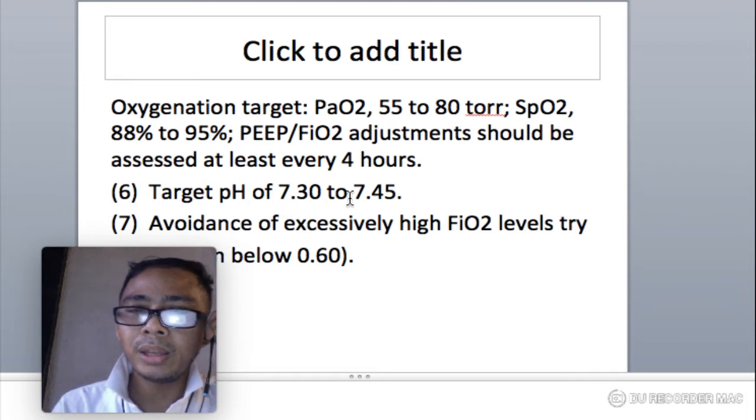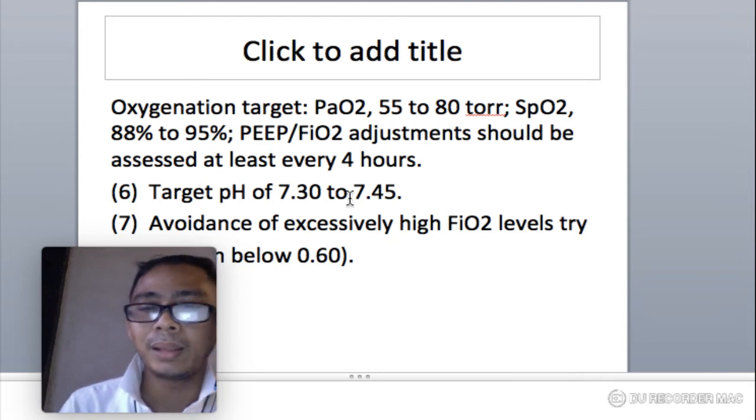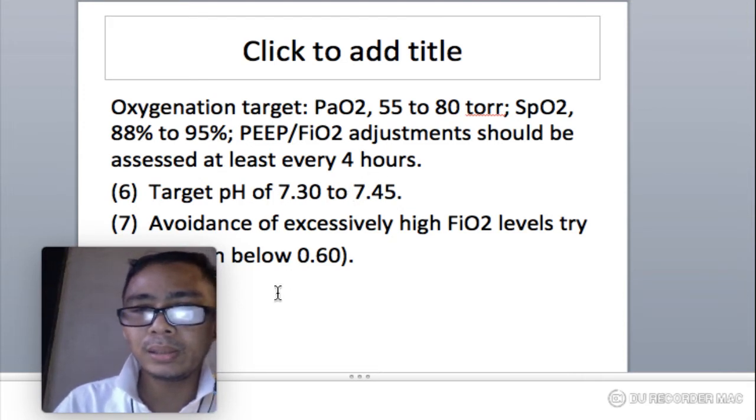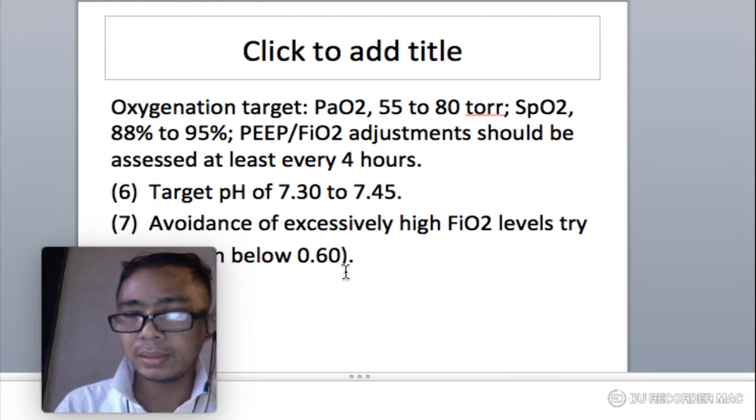The targeted pH according to the guidelines must be 7.30 to 7.45. And another guideline is avoidance of excessively high FiO2 levels to avoid oxygen toxicity. The FiO2 must be maintained at 60% or 0.60 in decimal, meaning the FiO2 level must be maintained or tapered down to 60%.